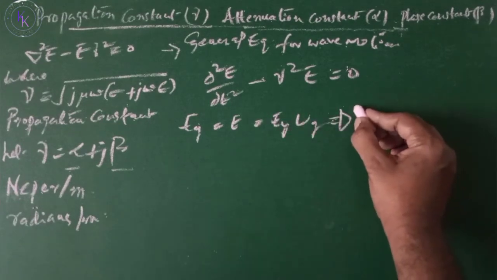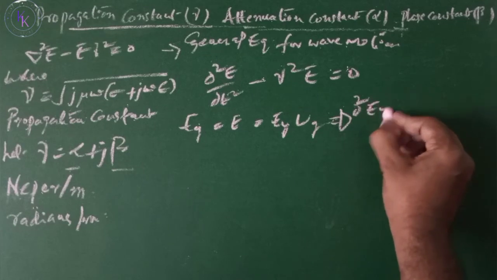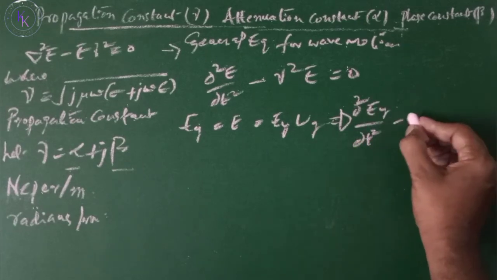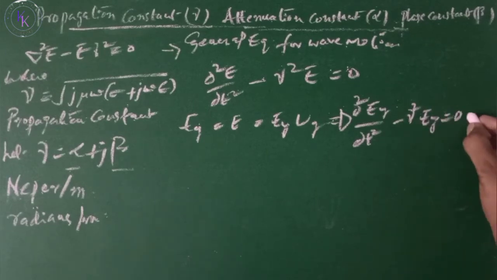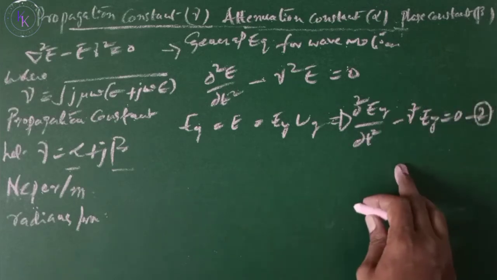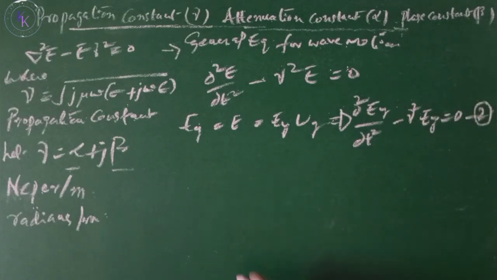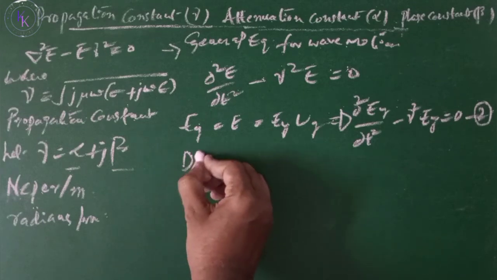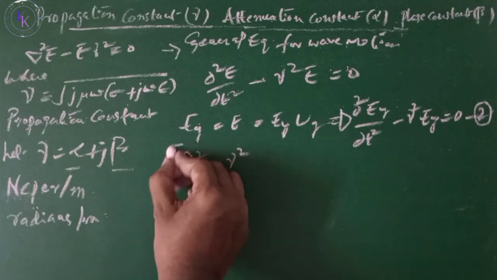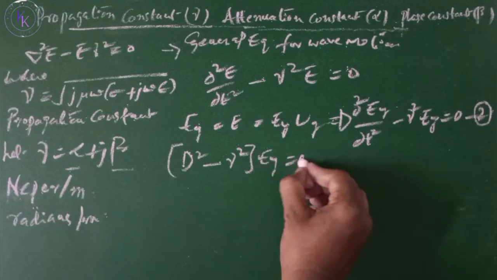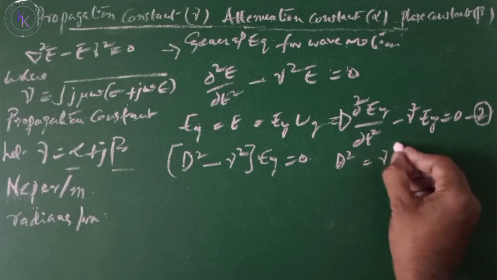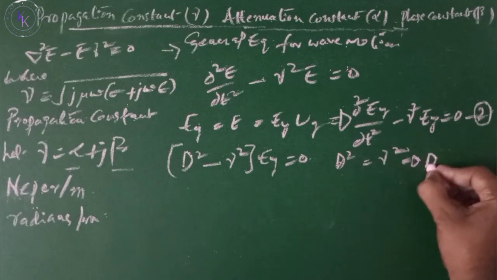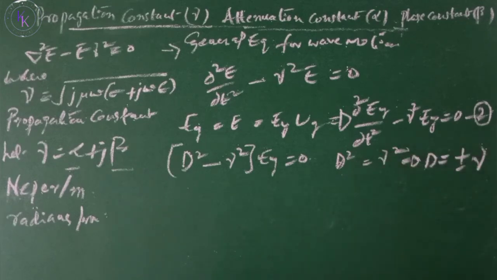It implies dou square Ey by dou x square minus gamma square Ey equals 0. Let this be equation number 2. Now we know that dou by dou x equals D, dou square by dou x square equals D square. Then D square minus gamma square of Ey equals 0. Ey is not equal to 0, so D square equals gamma square, or D equals plus or minus gamma, that is the propagation constant.